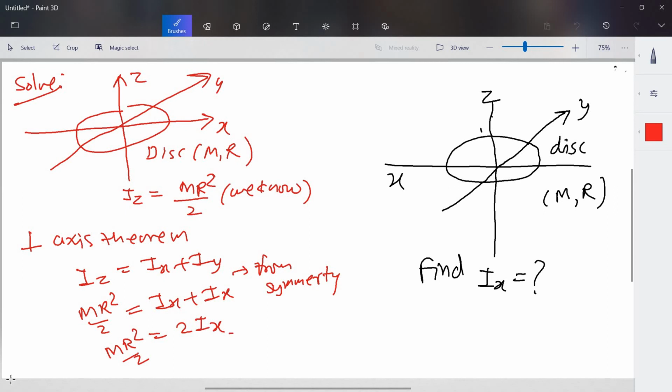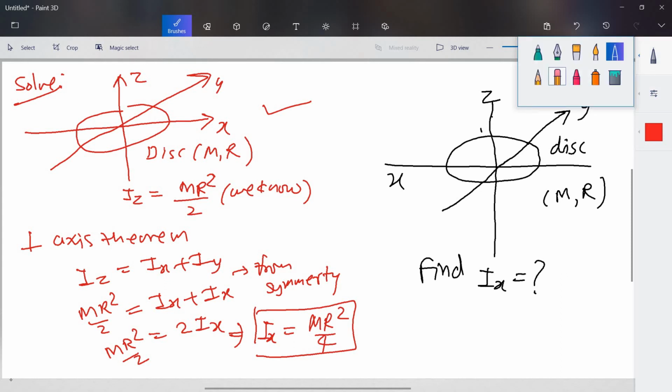Okay, if we solve this, we get Ix equals mr square upon 4, and this is the moment of inertia of the given disk. Okay, a very easy question, so you have to solve this question properly. Again, the same question for the ring. This question was for the disk, now we will solve the same question for a ring.